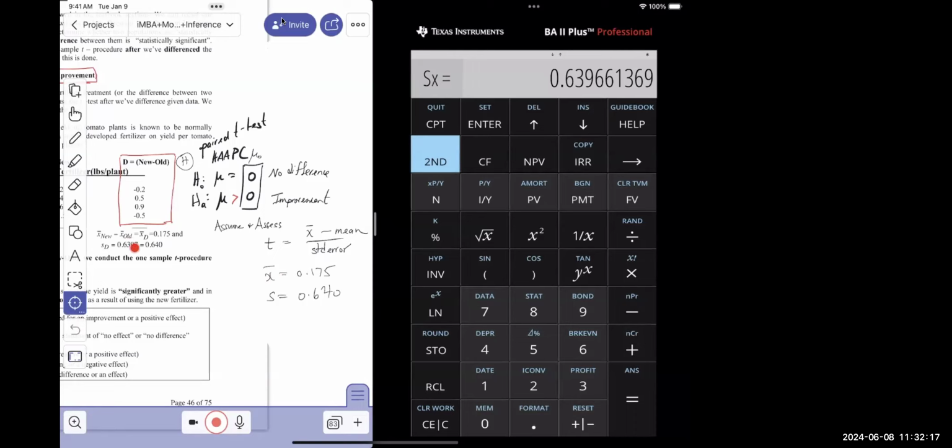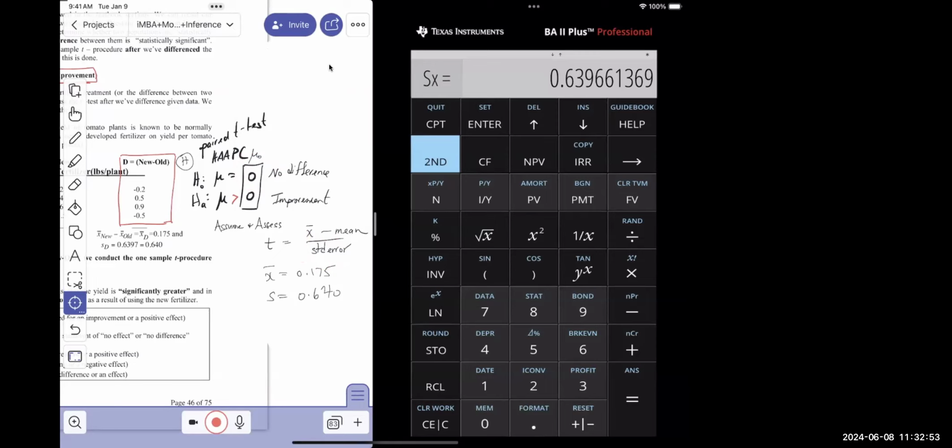You have to compute or create the difference data, realize that this is a matched pairs, that it's 0, and then conduct the calculation, computing the test statistic. The hypothesized mean is 0.